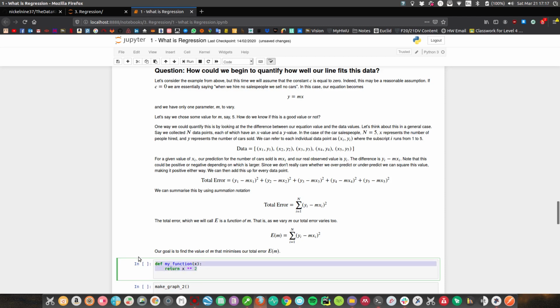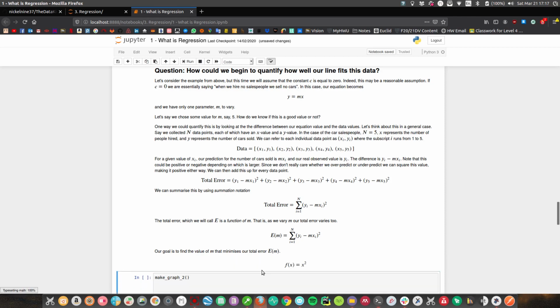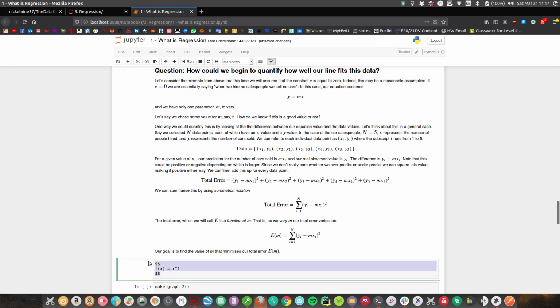Then we also have the concept of a mathematical function, right? A mathematical function is something like f of x equals x squared. That's how we normally write a mathematical function. There's some overlap, so sometimes we will represent a mathematical function using a Python function.